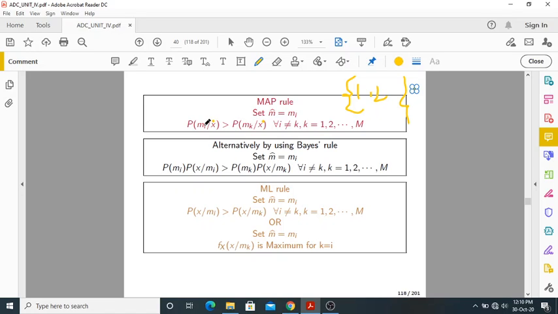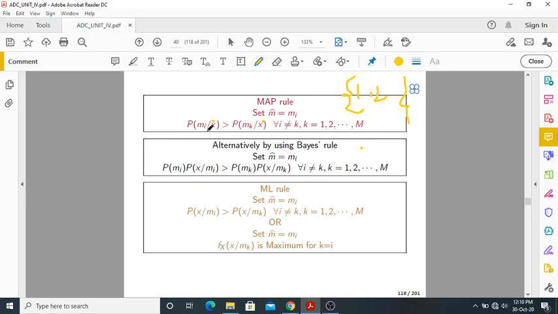Suppose mi is fixed, k is varying. It's just like finding the maximum value of a given array. Suppose the array contains 10 values. We have to find out the maximum value. What do you do? You just compare. Same thing like this. I am comparing which one is having maximum a posteriori probability. Okay, I hope you are okay with this at least, right?